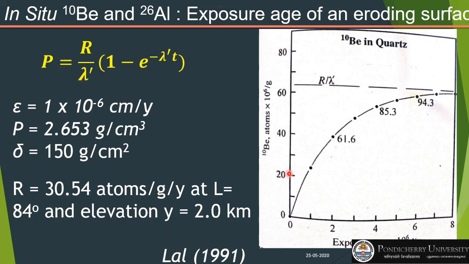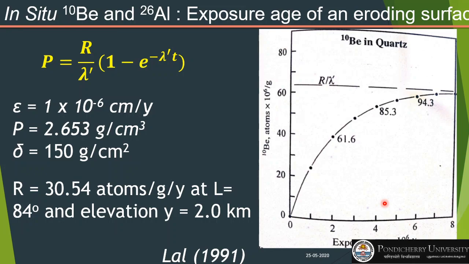If you put all these values here, you would see that the saturation now varies according to lambda prime, and depending upon how much measurement you have, you can get an exposure age. So this exposure age is related to a particular erosion rate.